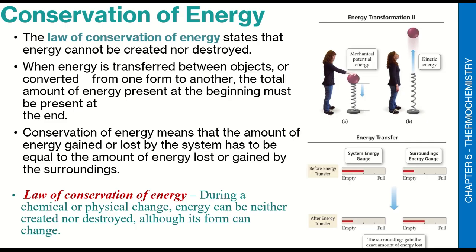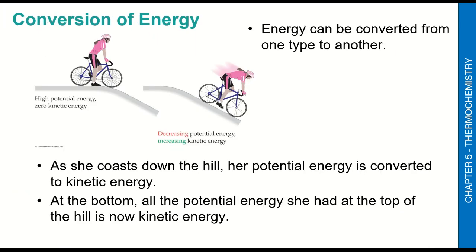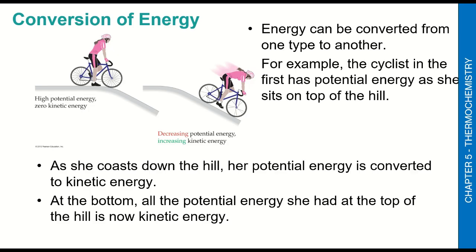So the law of conservation of energy: during a chemical or physical change, energy can be neither created nor destroyed, although its form can change. So, like I said before, energy can be converted from one type to another. Remember the girl on the bicycle? The potential energy was converted to kinetic energy, movement. Okay, so the stored energy was converted to movement.